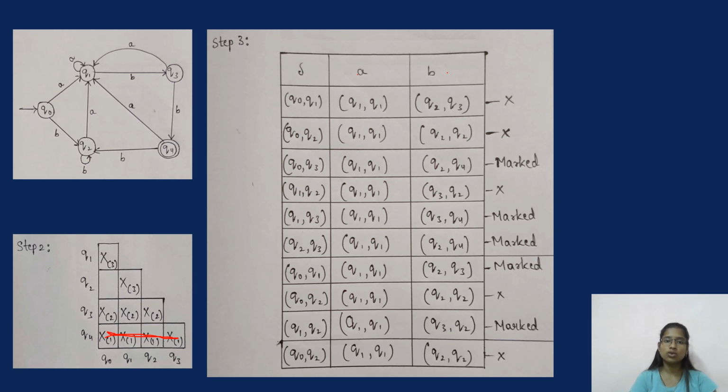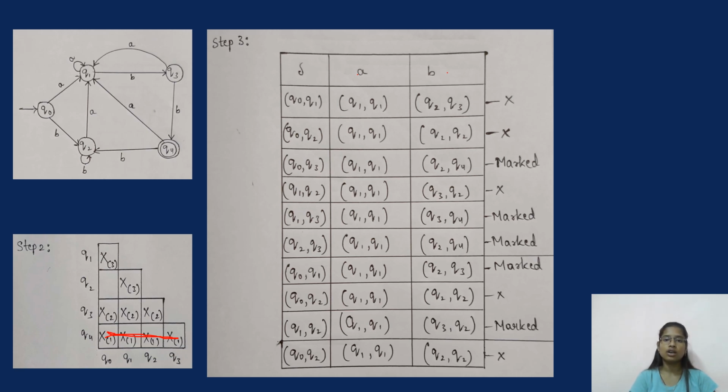Next is q0 comma q2. q0 on A moves to q1 in the diagram, and q2 on A moves to q1. Again it is looped. q0 on B goes to q2, q2 on B moves to q2. So these two are looped, so it is not marked.